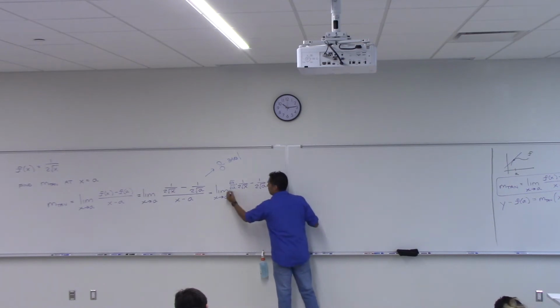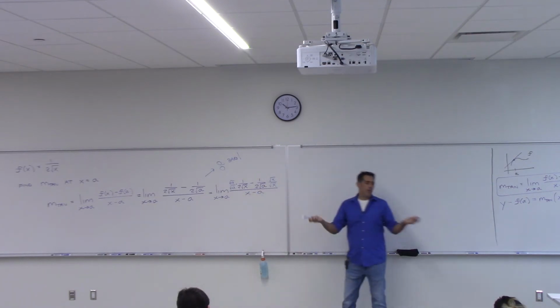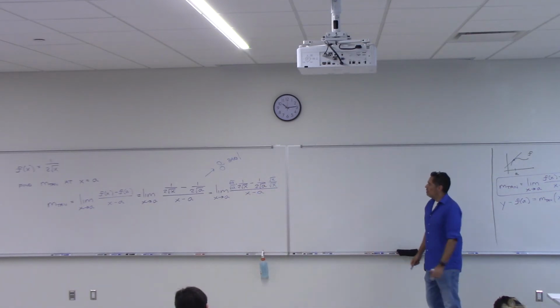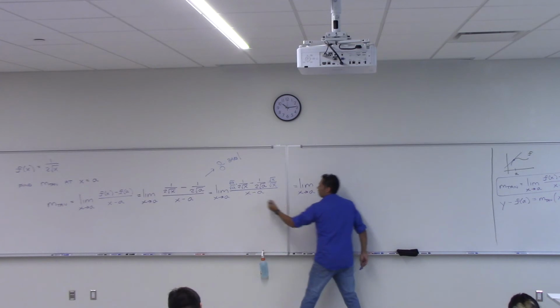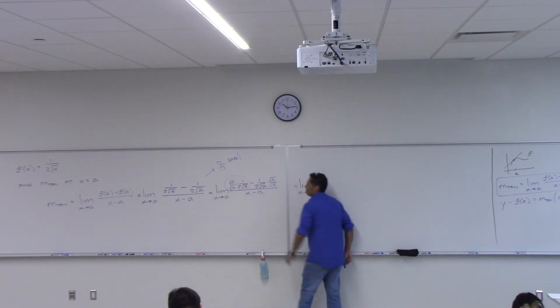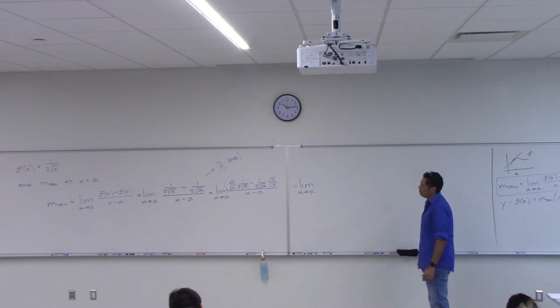I'm completely allowed to do that because that's just algebra, and all I'm doing is multiplying each of those fractions by 1, right? All right, this becomes limit x approaches a. When we put all those together, just multiply across the top. You'll get root a on top.